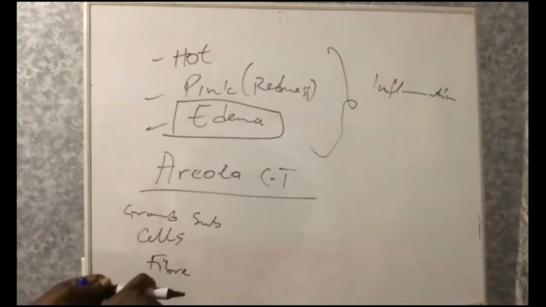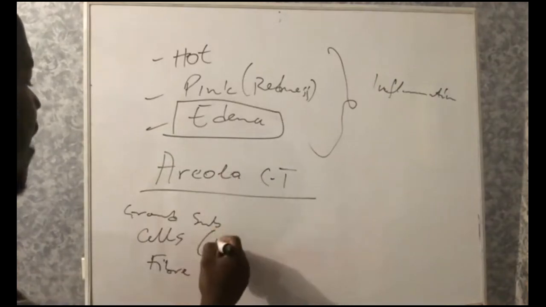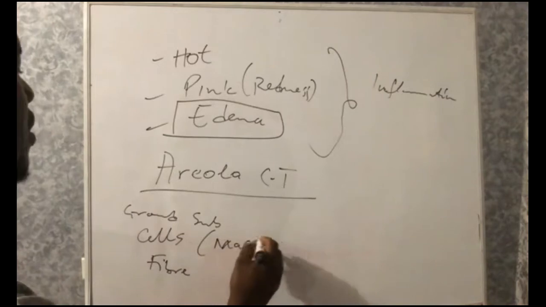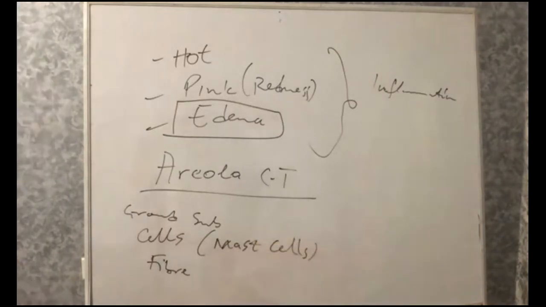The cells that usually make up this areolar connective tissue are mast cells. Mast cells form the majority of the cells found in the areolar connective tissue.